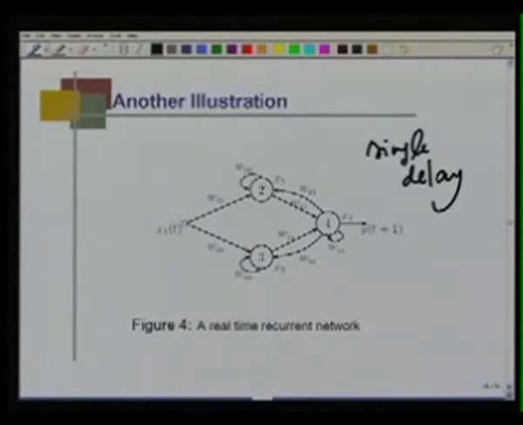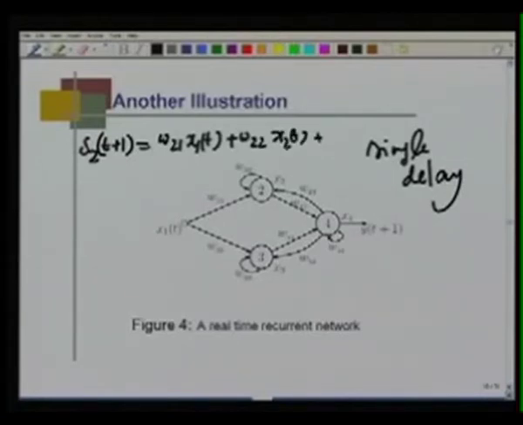So, the input to neuron 2 is W21 into X1 t plus W22 into X2 t plus W24 into X4 t, only 3.